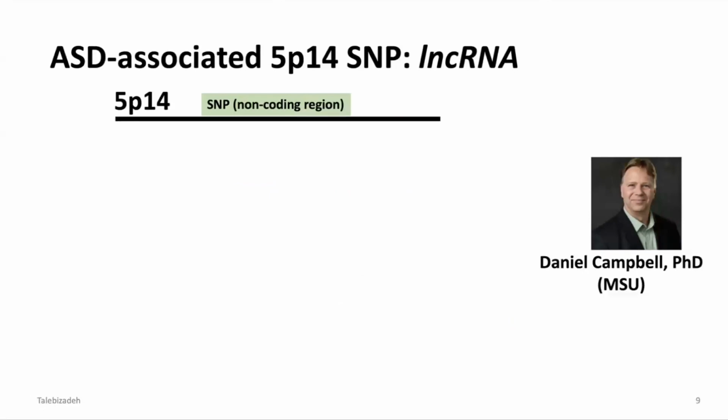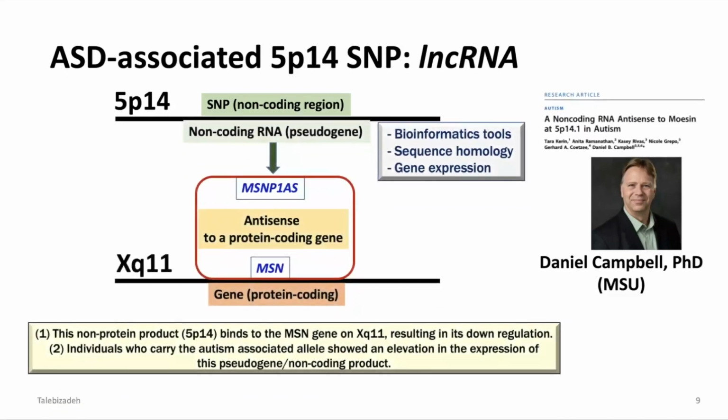A few years after that GWAS discovery, a research team led by Dan Campbell used a novel approach by utilizing bioinformatics tools, sequence homology, and gene expression, and showed that this 5p14 autism-associated SNP is located inside a non-coding RNA, which has sequence homology to an X-linked protein coding gene.